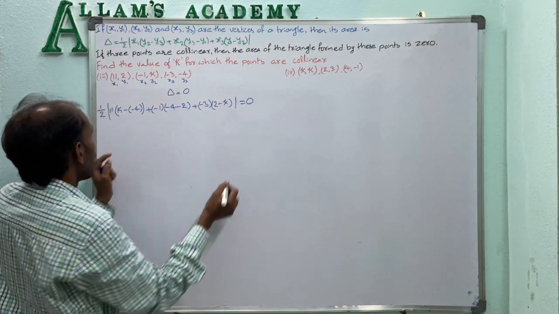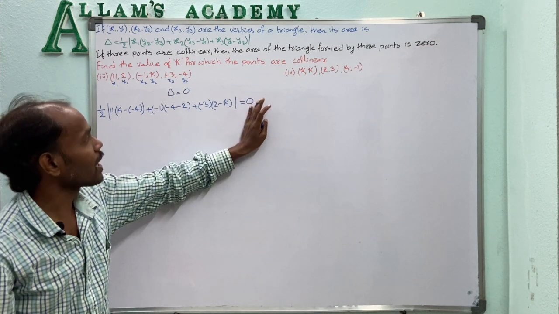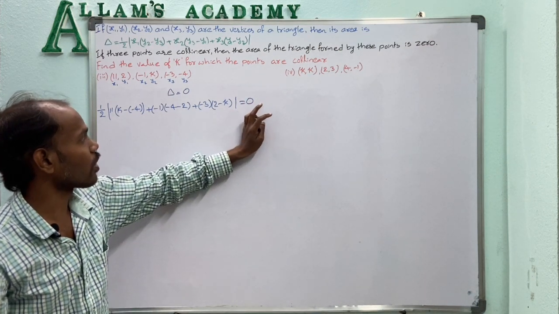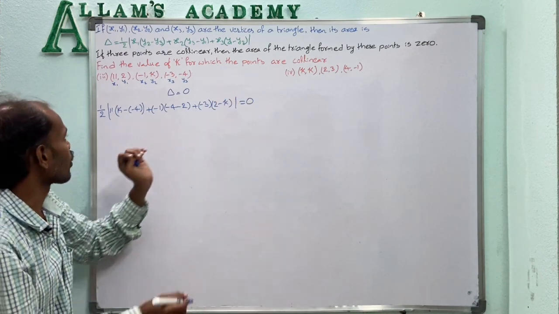So that 1 by 2 on the LHS transfers to the RHS, that is the reciprocal to multiply. 0 into 2 by 1 is nothing but 0.